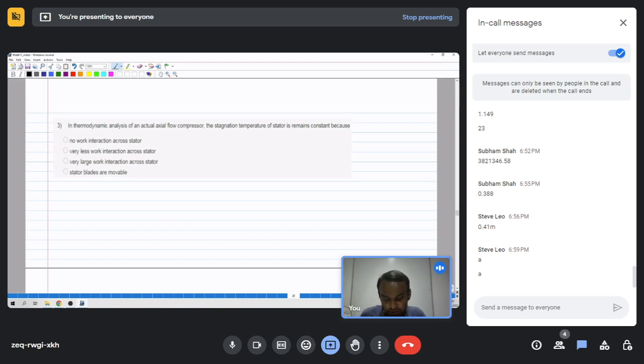In thermodynamic analysis of an actual axial flow compressor, the stagnation temperature across the stator remains constant because: no work interaction across the stator, very less work interaction across the stator, very large work interaction, or stator plates are movable.